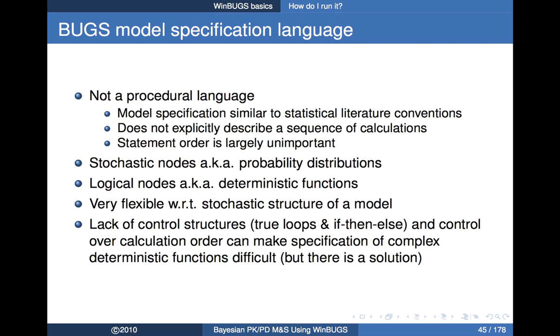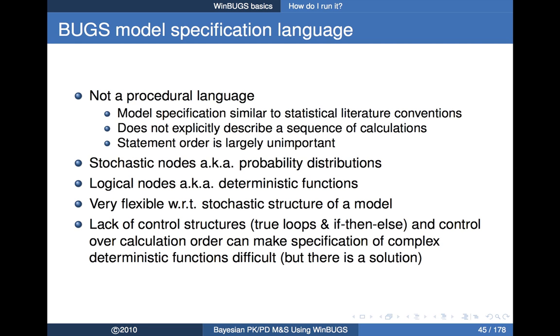The calculations done as a result of a program created with a procedural language proceed in exactly the same order as you program them. In our case with BUGS, it's not a procedural language, and that changes a few things.